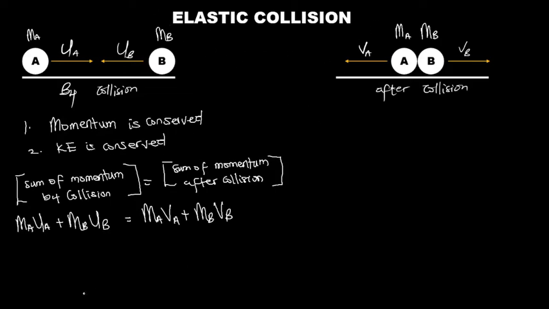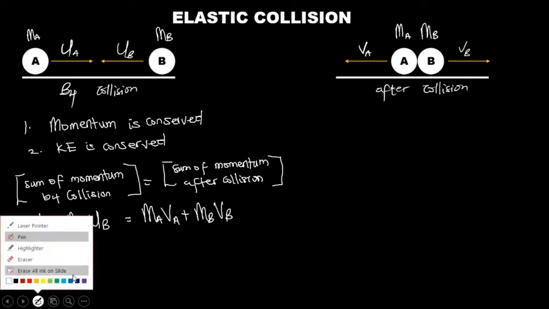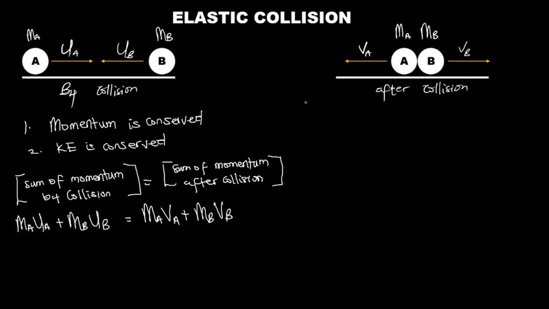Now let's look at the second case. Let me use another color to demonstrate that. Let me use blue. So for the conservation of kinetic energy during an elastic collision. Now we know kinetic energy is given by what? Half mass times velocity squared, which means all we need to do over here is to make sure we have this expressed in the form of what? Kinetic energy.